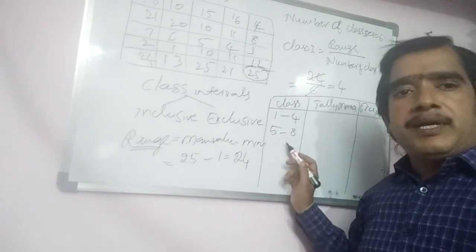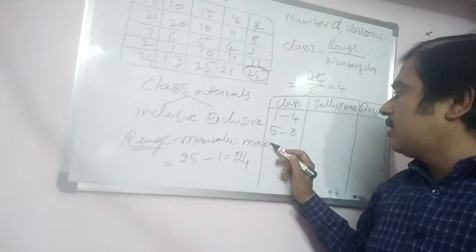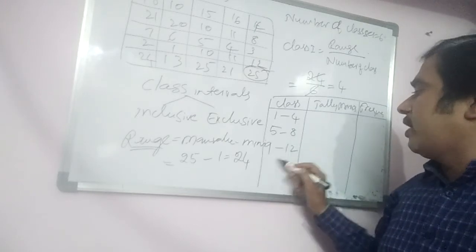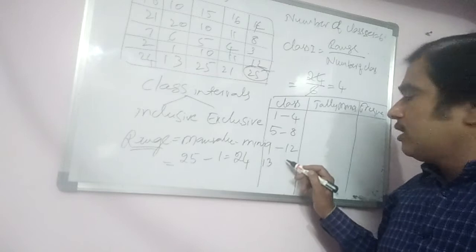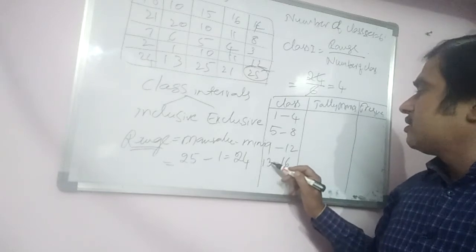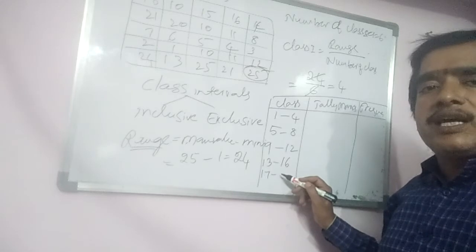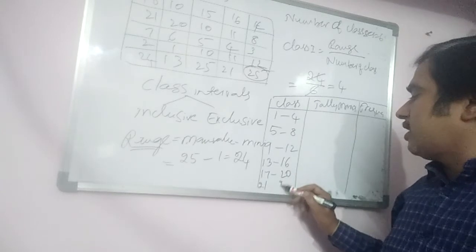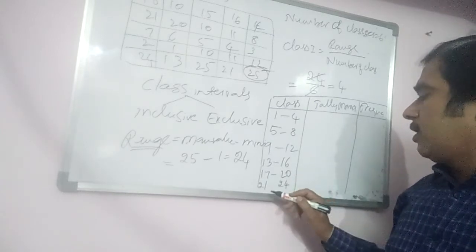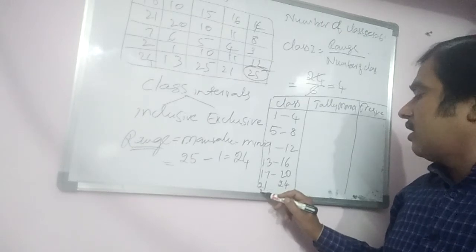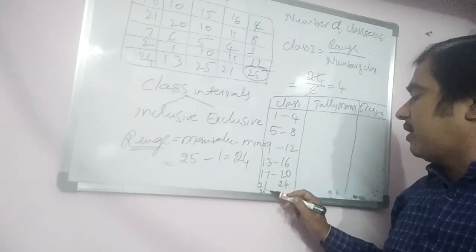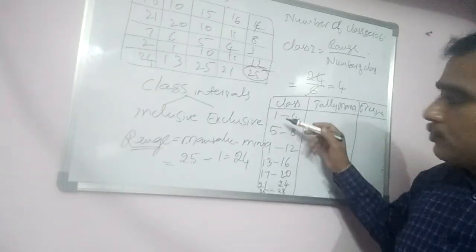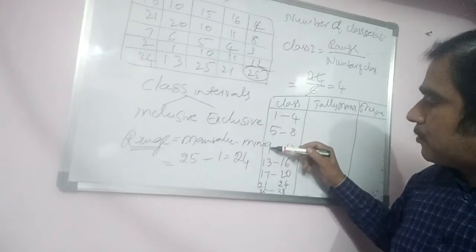So you can build the next class. 5 plus 4, 9, and 8 plus 4, 12. 9 plus 4, 13, and 12 plus 4, 16. 13 plus 4, 17, and 16 plus 4, 20. 17 plus 4, 21, and 20 plus 4, 24. Next is 21 plus 4, 25, and 25 to 28.